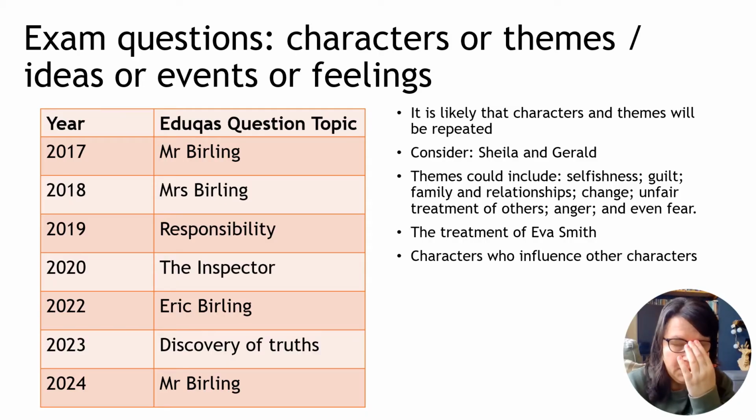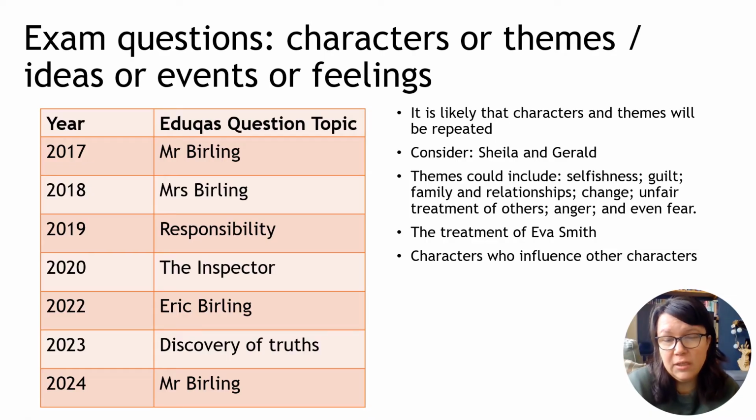Having said that, we have not as yet had Sheila come up as a named character, nor have we had Gerald. There are some key themes that I would expect to come up at some point. So the theme of selfishness, of guilt, the idea of family and maybe family relationships, the fact that some characters change or don't change, the discussion of unfair treatment of others, and that wouldn't just be Eva Smith, that would be the unfair treatment maybe of Sheila, all of those sorts of things.